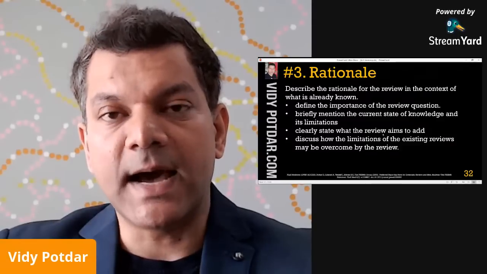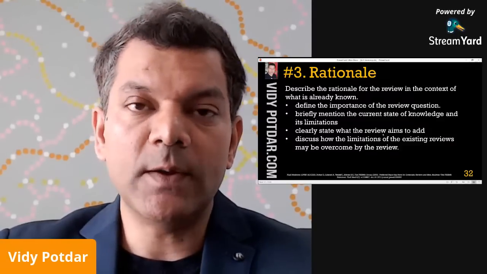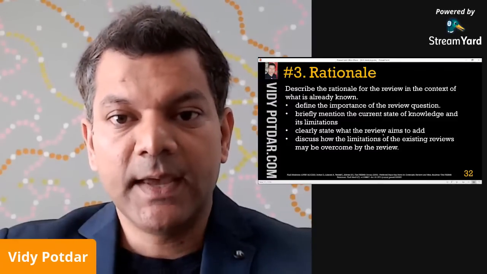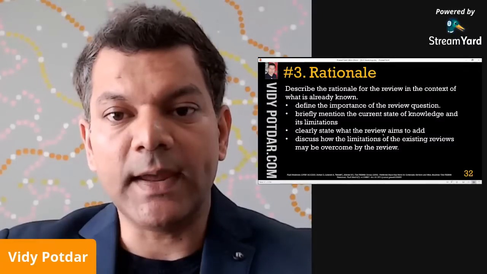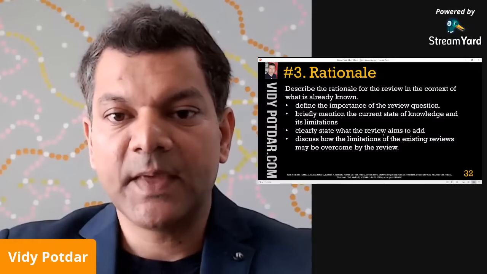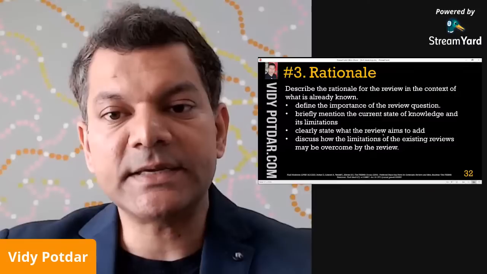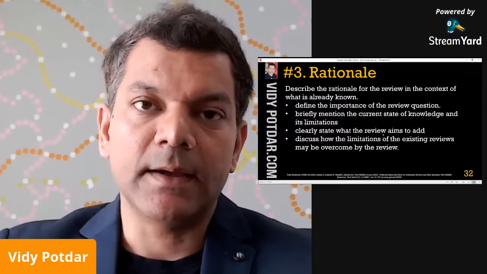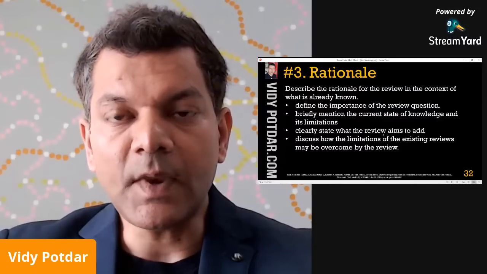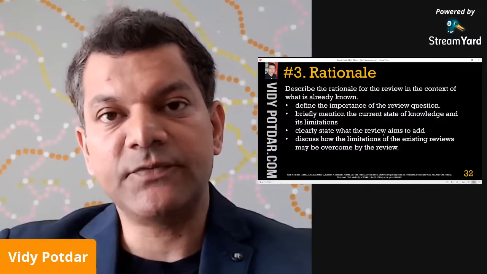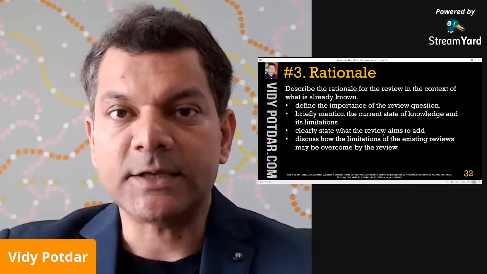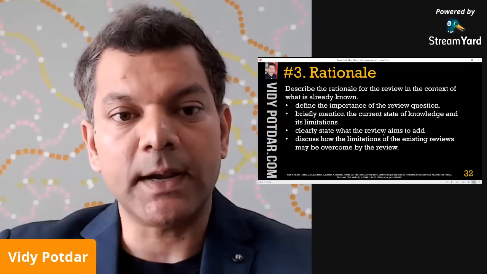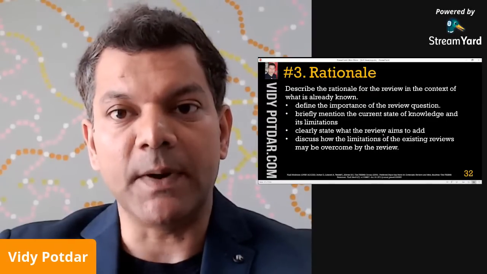So by answering this review question, who will benefit and what is the level of benefit? Clearly state what the review aims are, and discuss how the limitations of existing reviews may be overcome by doing this review. So basically here you are giving a justification or a reasoning as to why this review that you are doing is important and why it should be published.